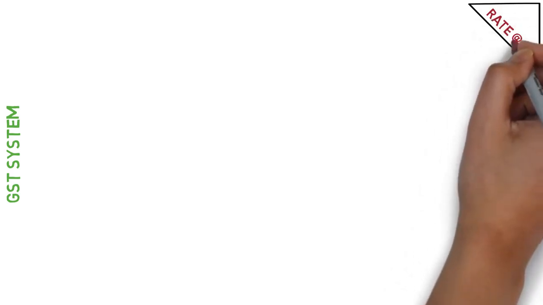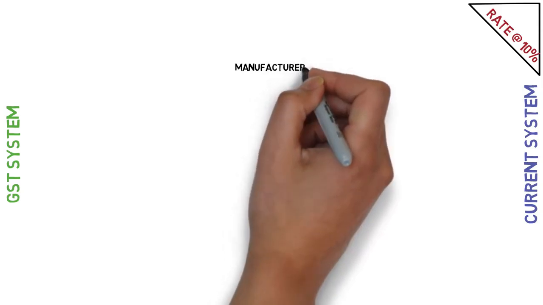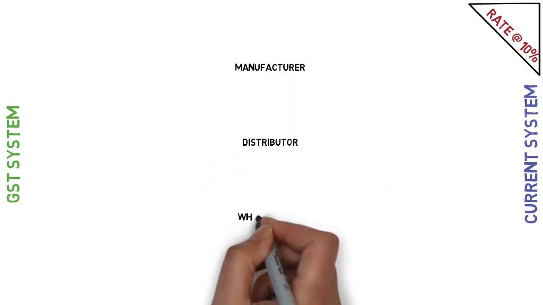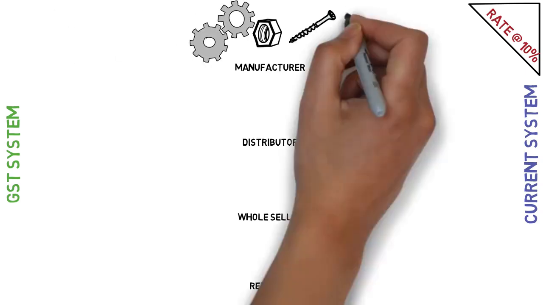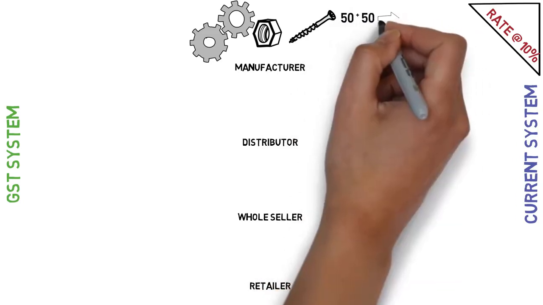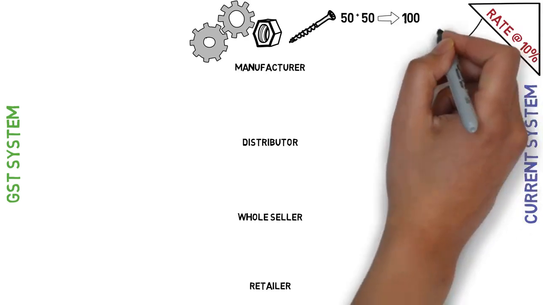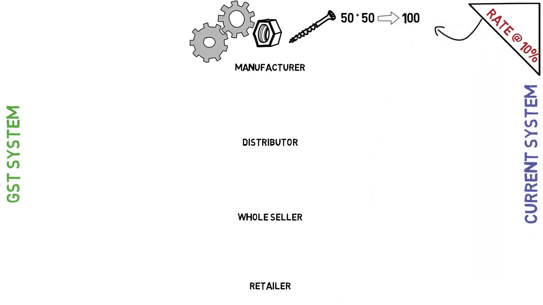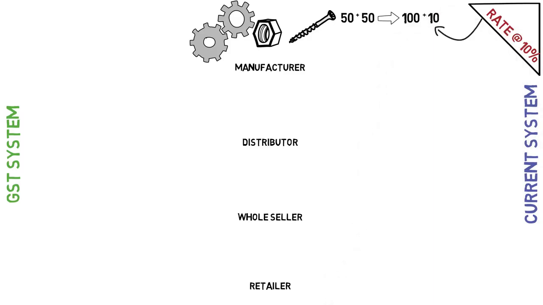Consider a simplified tax rate of 10% at each level. There are generally 4 levels: manufacturer, distributor, wholesaler and retailer. Manufacturer buys raw material, let's say of rupees 50, and manufactures the product, which adds 50 rupees value to it. So the product becomes of 100 rupees. And for selling this product, he needs to pay 10% tax, which is 10 rupees.